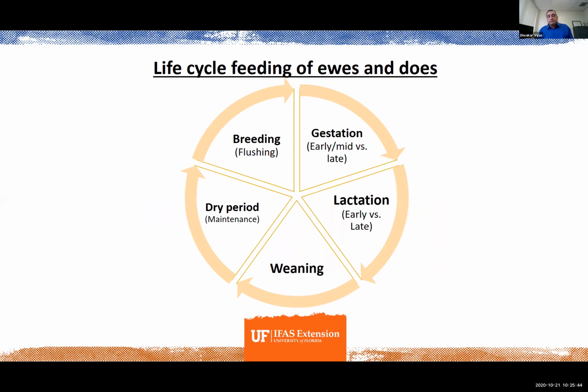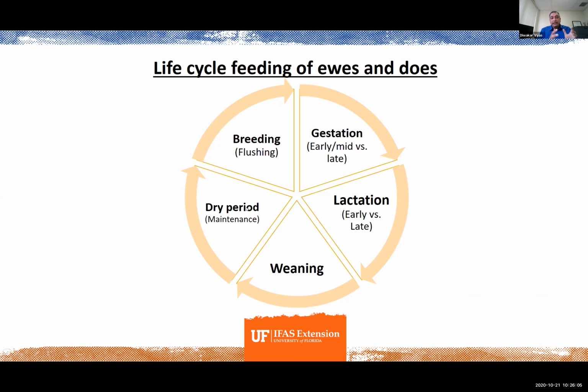Okay, in this presentation, I will be discussing how we are feeding different stages of ewes and does. These different stages include gestation, early versus mid gestation, lactation, again early versus late lactation, and weaning.